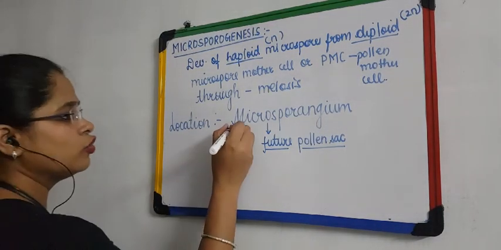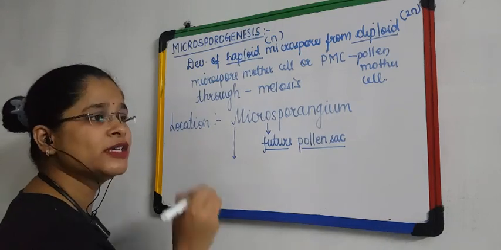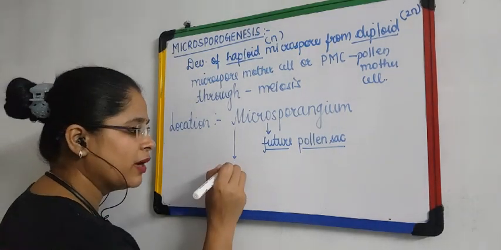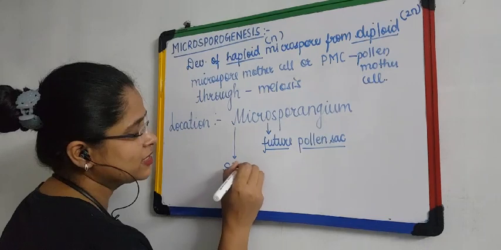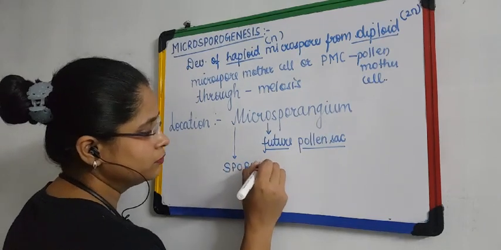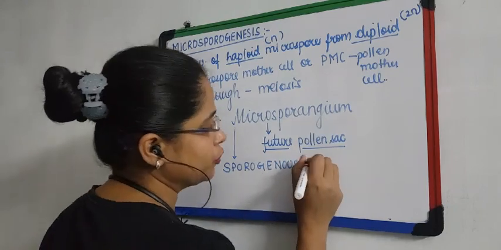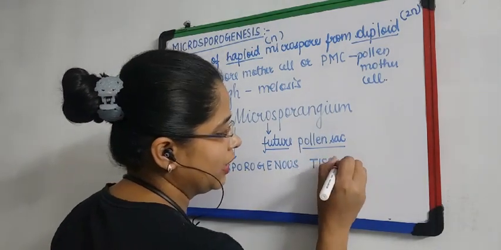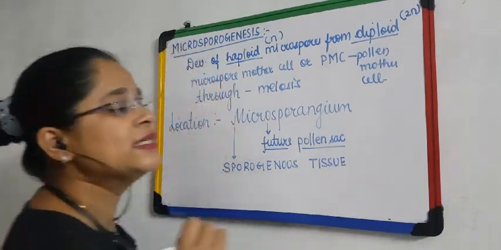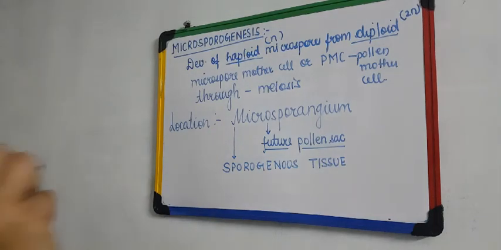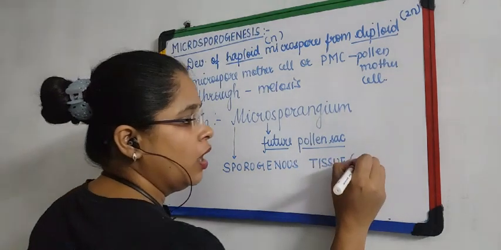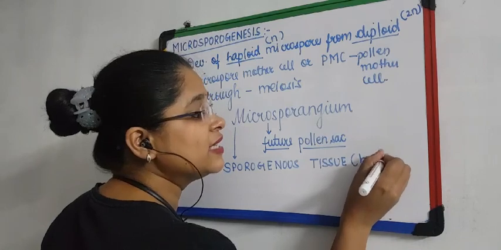Now in this microsporangium, what is present? The microsporangium is filled with sporogenous tissue. Homogeneous cells.